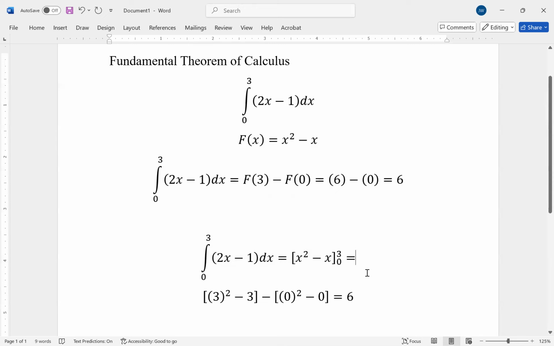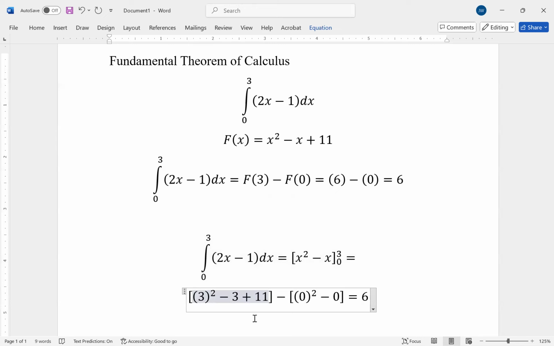This is a good time to point out that the reason that you can use any antiderivative you want is that when you plug in 3 and plug in 0, if I did have a constant, let's say a constant of 11, for instance, when I plugged in 3, I would have gotten a plus 11, and then over here I would have also gotten a plus 11.